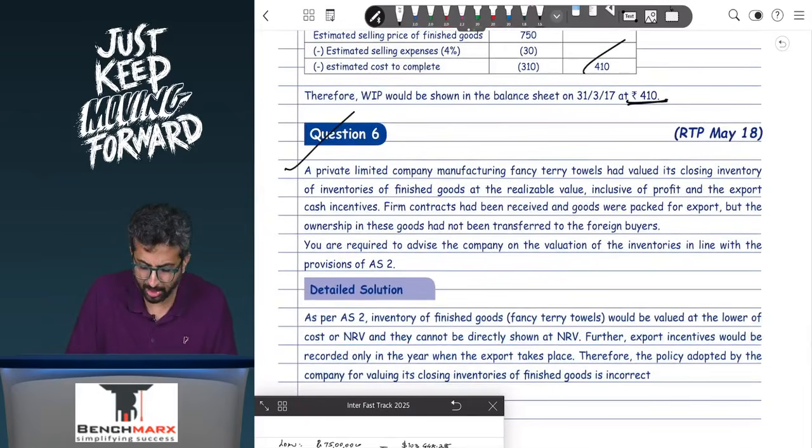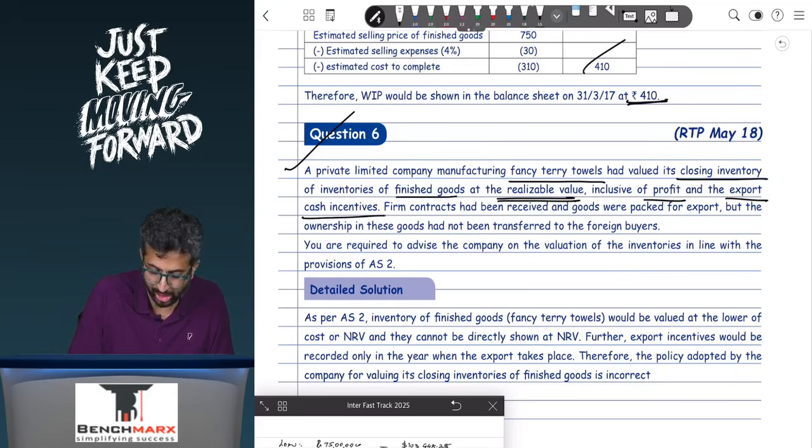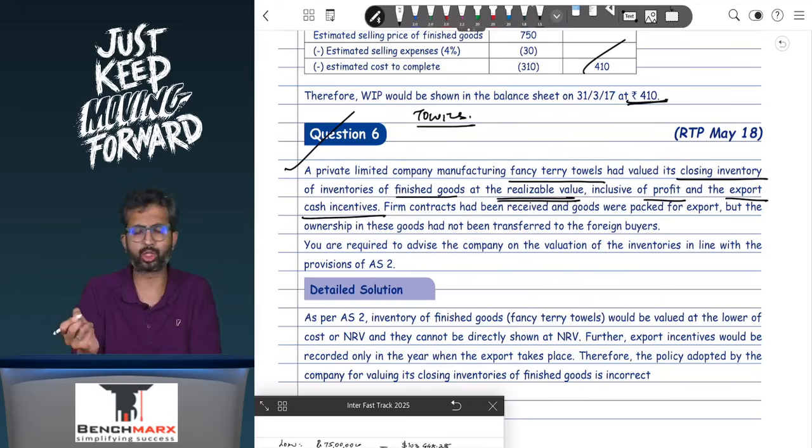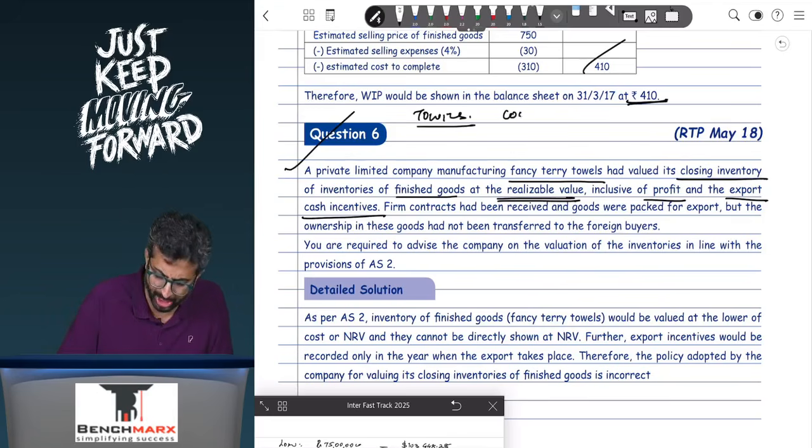A private company manufacturing fancy terry towels. So my output over here is towels. It is valuing its closing inventory of finished goods at realizable value, inclusive of profit and export cash incentives. Now this is wrong. These towels are not agricultural produce or anything to be measured at realizable value. So they have to be measured at the lower of cost or NRV.